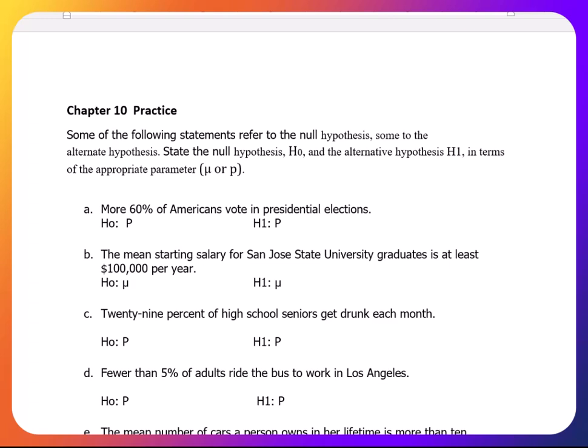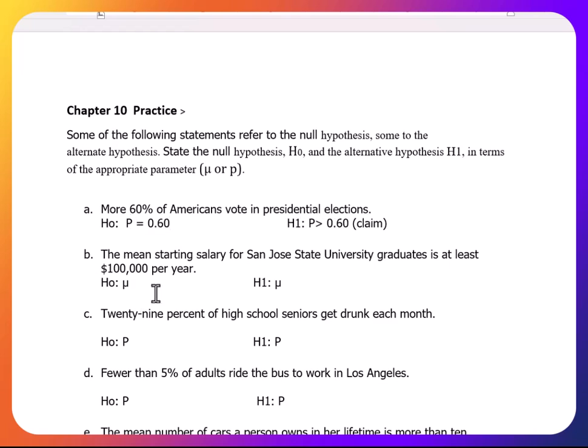So more than 60%, you would agree with me that we have to have the more right here, and then 60% you can change to a decimal, 0.60, and this is where the claim is. And as you know, the null hypothesis is a statement of equality, so I have to put the equal 0.60.